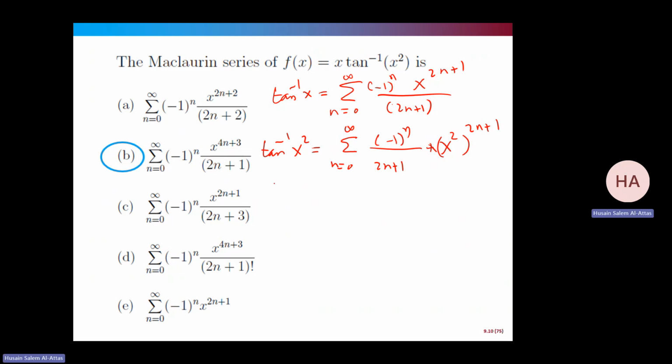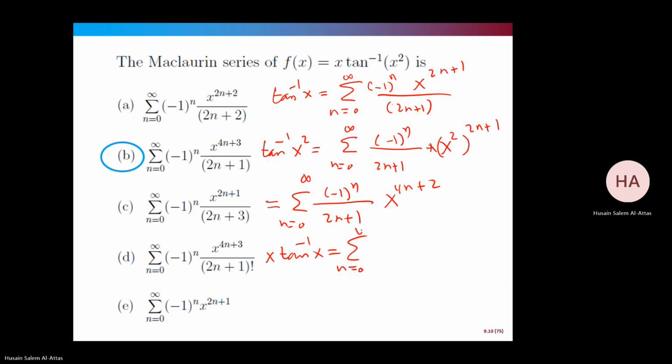Make it clear: that will be the summation n equals 0 to infinity of minus 1 to the power n over 2n plus 1 times x to the power 4n plus 2. Are we done? No. I need x tan inverse of x squared, so multiply by x. The number will not be changed. I have x to the power 4n plus 3, and that will be my answer.